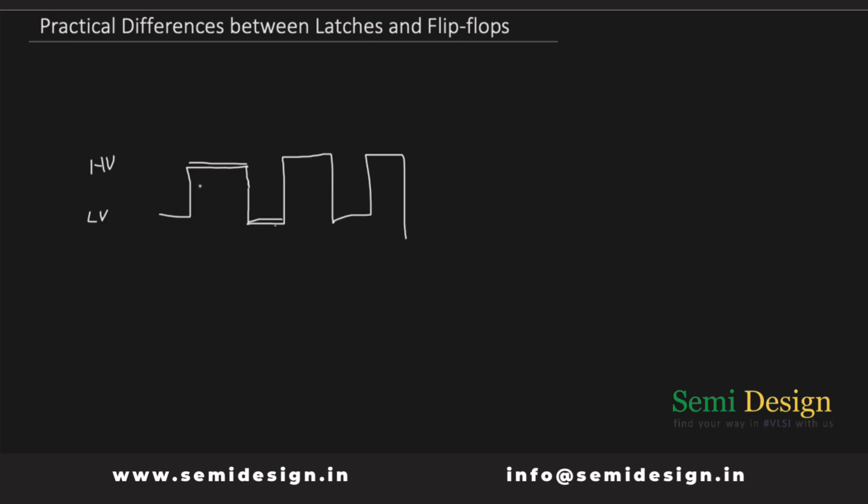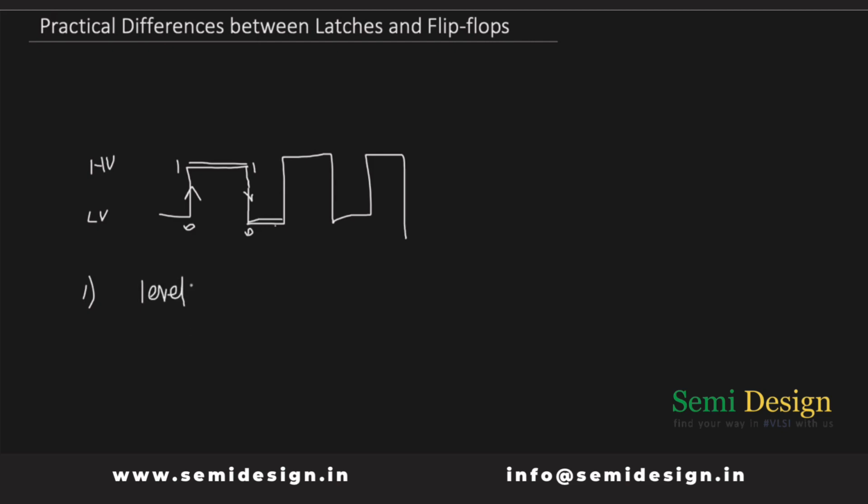Similarly, we have edge triggered, where we consider a signal going from 0 to 1. At this point a signal can be affected, or from 1 to 0. At this point a signal can be affected. This is the way. So we can arrive at the conclusion that we have two ways. First one is level.